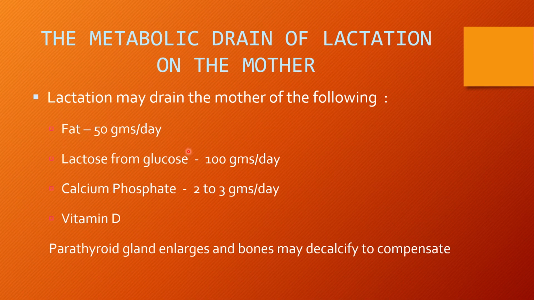In milk production, these are all coming from the mother: the fat, the lactose, calcium, and vitamin D. So the mother will bear the production of these substances as the ingredients of the milk.